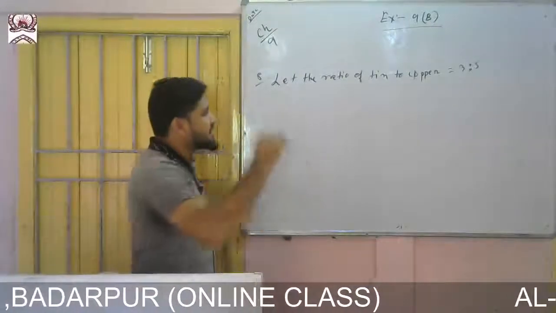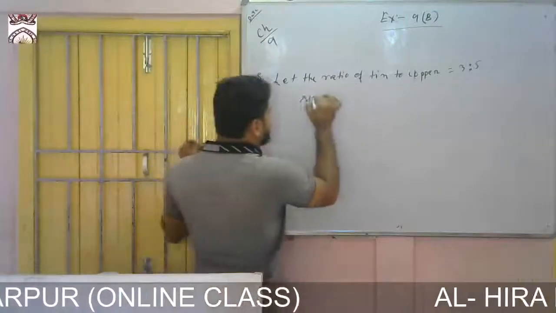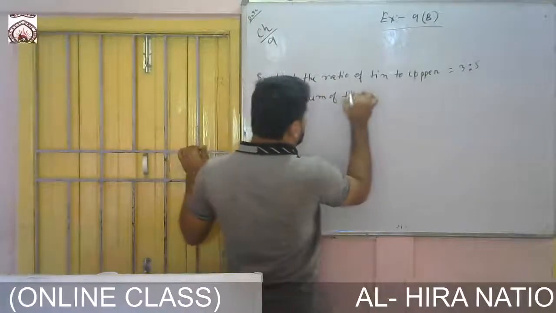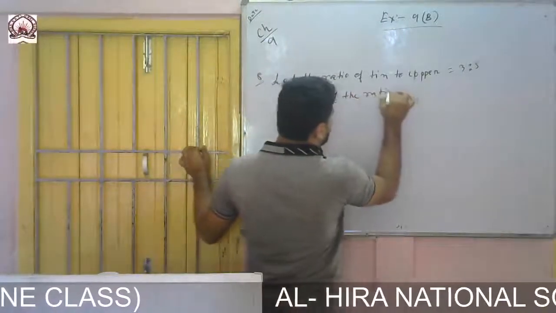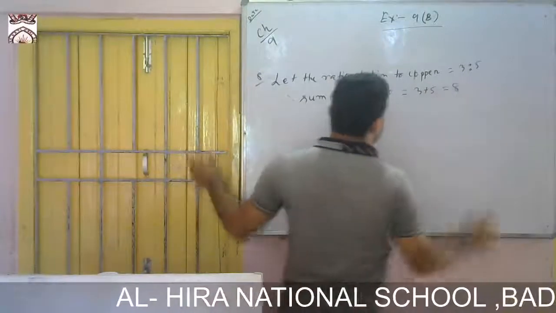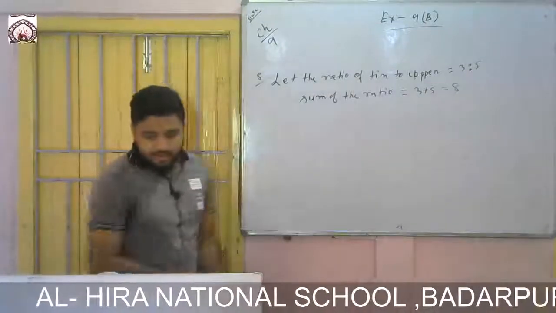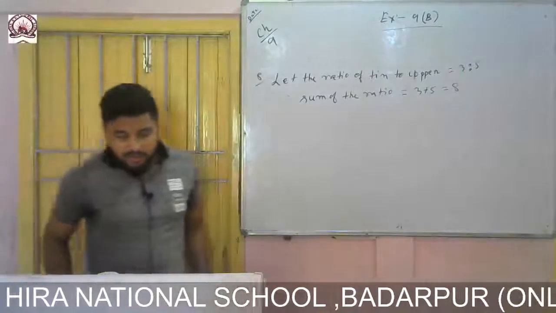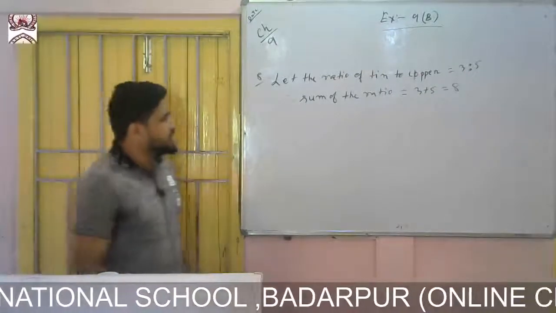Now we shall find the sum of the ratios. The sum of the ratios will be 3 plus 5, which is 8. Now write the percentage composition of the tin.